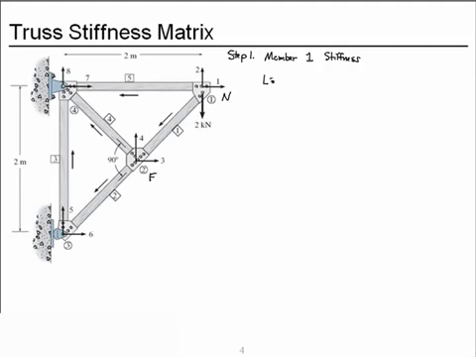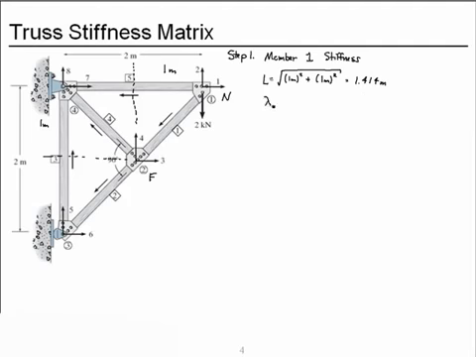The length of our member is given by this distance of 1 meter and this distance of 1 meter. If we take the square of the x length, add the square of the y length, take the square root, we get an overall length of the member of 1.414 meters.